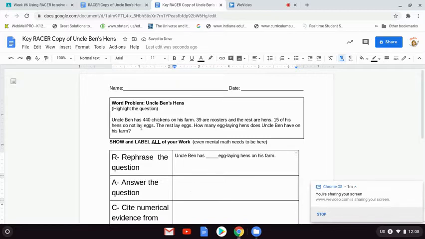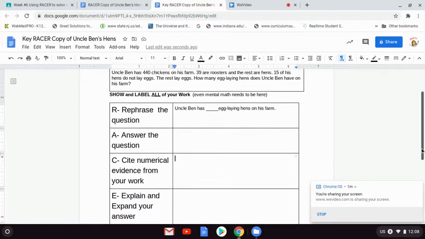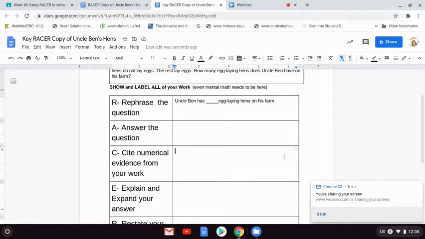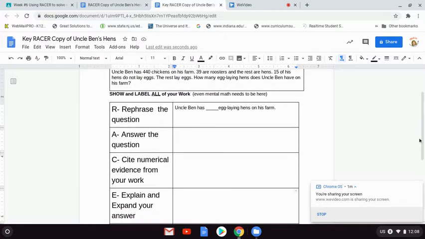So it says Uncle Ben has 440 chickens on his farm, 39 are roosters, and the rest are hens. 15 of his hens do not lay eggs. So we've got to figure out how to solve that. So it's 440 chickens minus the roosters.